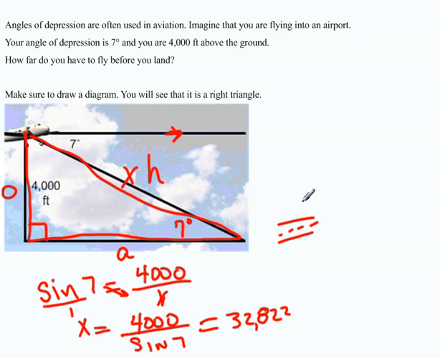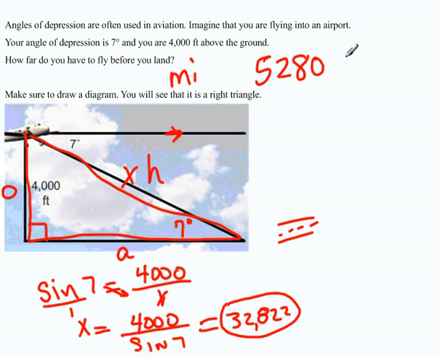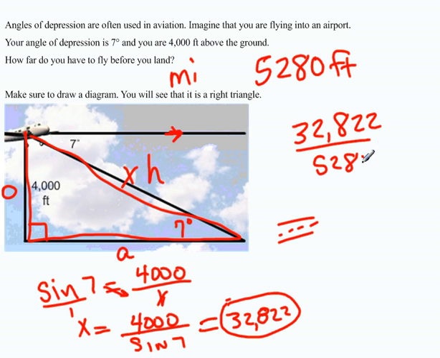Now, the problem says how far do you have to go before you land? Well, we don't know exactly how far that is. What if it says in miles? We can have a better reference of that. We have to convert that. Since there are 5,280 feet in a mile, we would take this amount of 32,822 and divide that by 5,280.